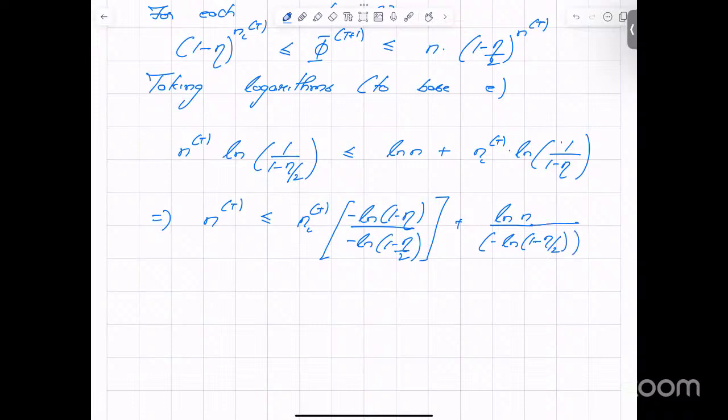The reason I'm putting minus ln is only then it's a positive value. Ln of a number less than 1 is negative, so I want all the numbers I put here to be positive values.